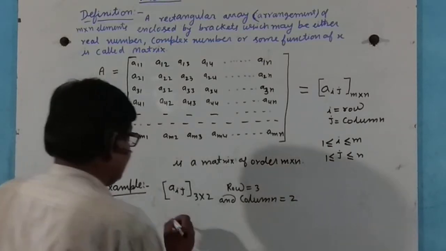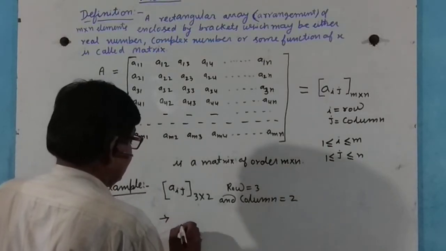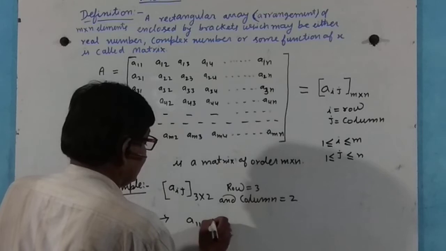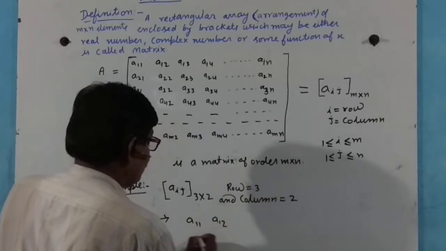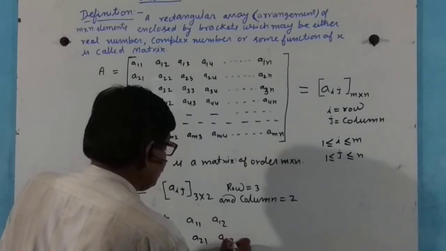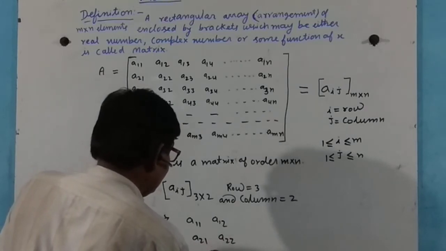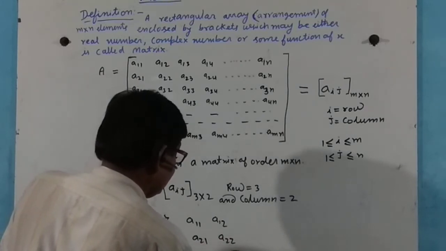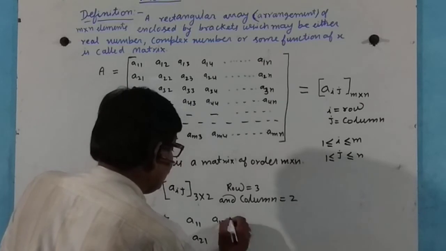Now it can be written as A11, A12, A21, A22, A31, A32.